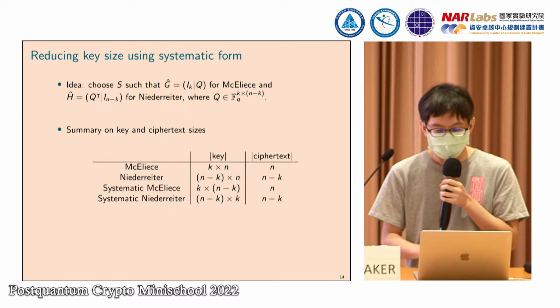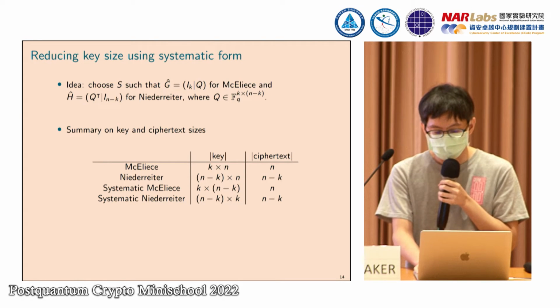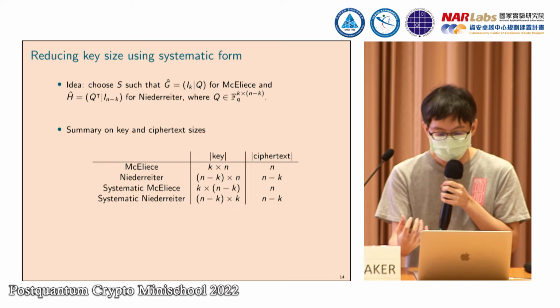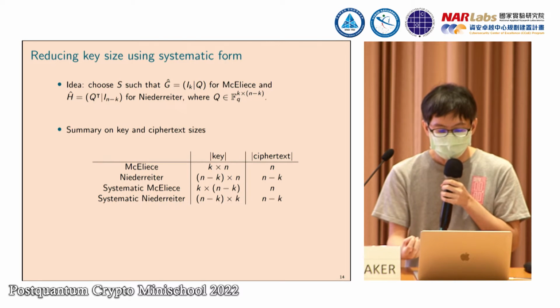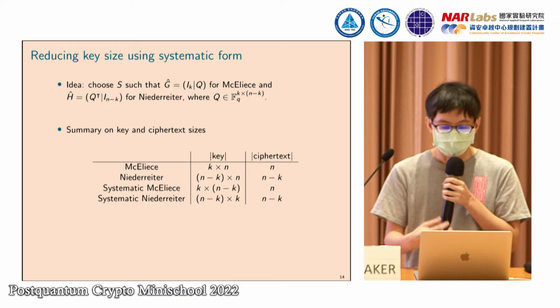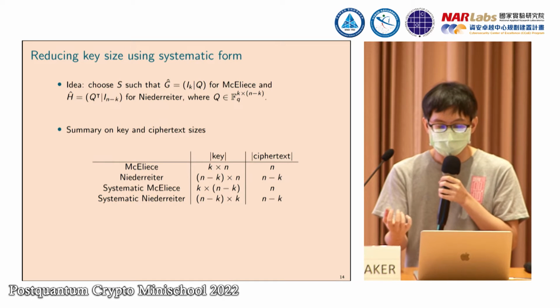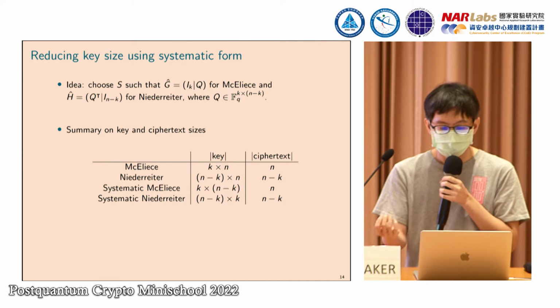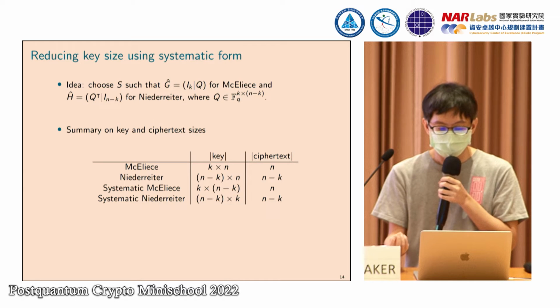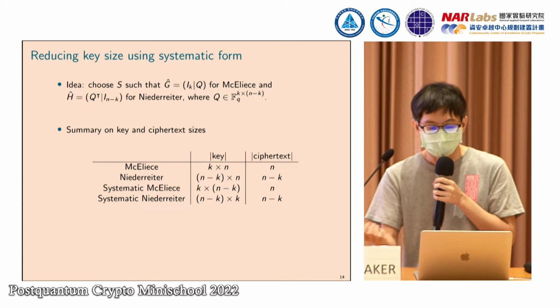We can take a look at this table. For both McEliece and Niederreiter, if you just use systematic form for the generator matrix or the parity check matrix, then you can reduce the key size to k times n minus k.